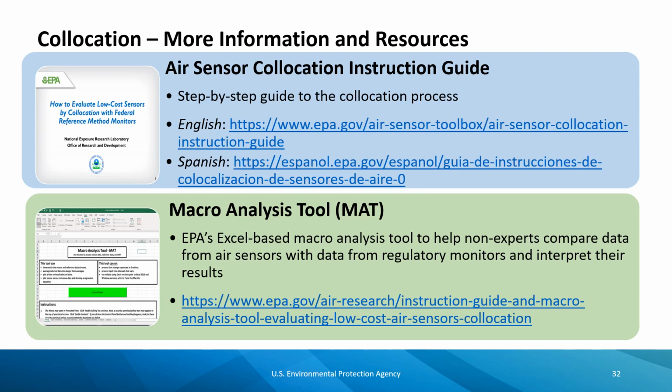EPA has created two key resources to help you with your co-location efforts. The Co-location Guide gives step-by-step instructions for conducting a co-location and interpreting the data. The Excel-based macro analysis tool will help you time align, average, and plot your co-location data for easier analysis. You can find both resources using the links provided here.